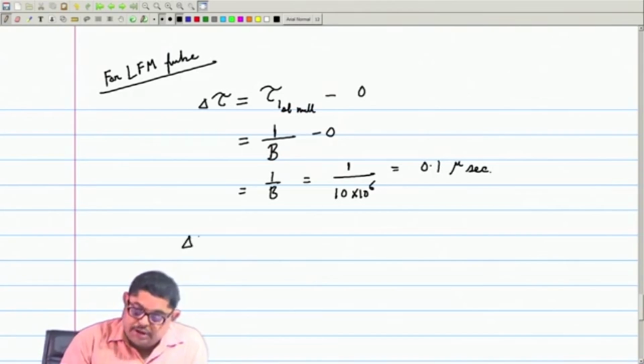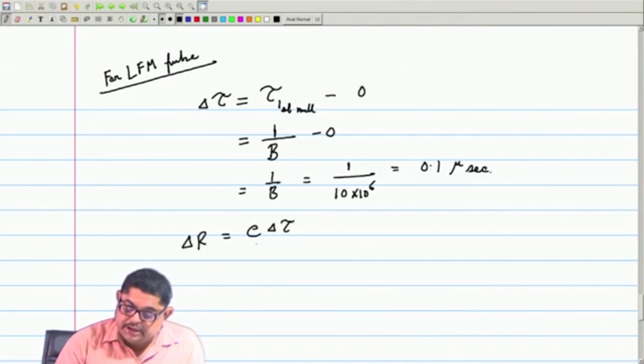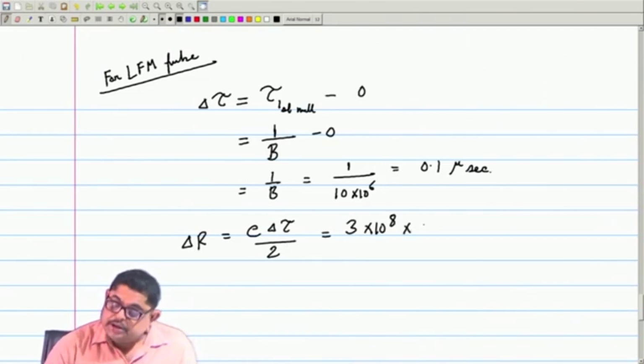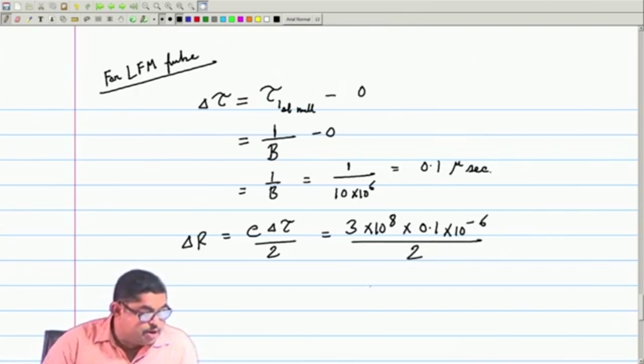So, what will be delta r? Delta r is nothing but C delta t by 2. So, that is 3 into 10 to the power 8 into 0.1 into 10 to the power minus 6, by 2. So, it becomes 15 meters.